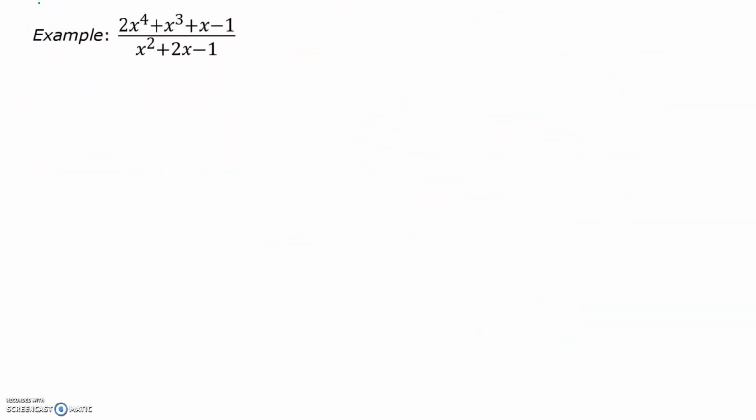Now, looking at this, I'm going to show you a different technique of how to divide. Whenever you see x squared, that's a quadratic. When you're dividing by a quadratic, the only way you can do that is with long division. Okay, so let's set it up just like we would with the other equations.